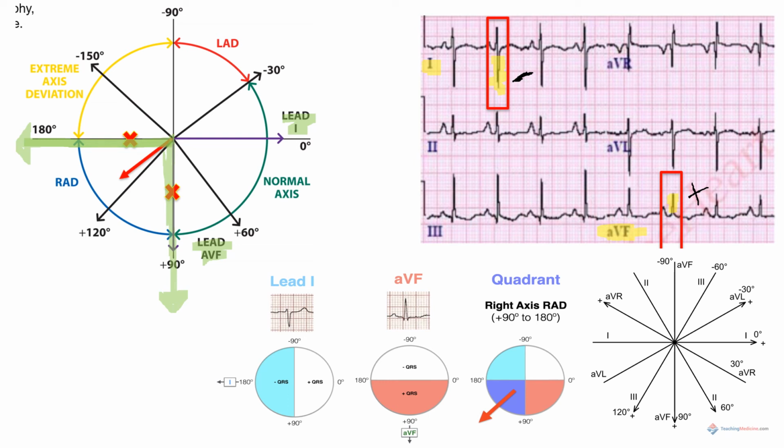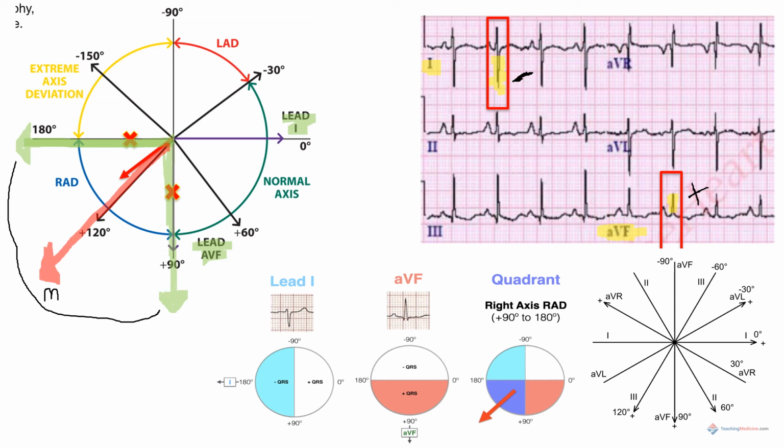Next, what I'm going to do is draw the mean electrical axis in between. So right here, this is your mean electrical axis, which tells you that your mean electrical axis is anywhere from positive 90 to 180 degrees.